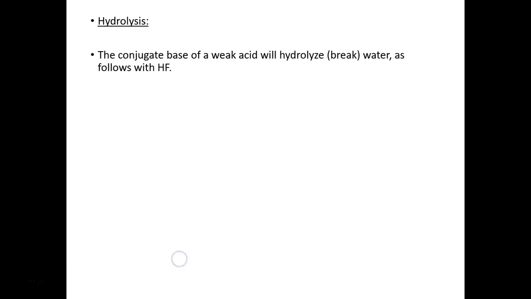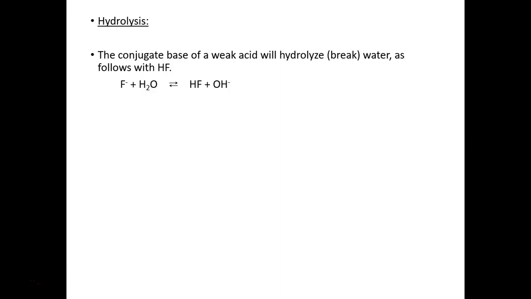Right? So this comes into play when we talk about hydrolysis. Because the conjugate base of a weak acid is a strong base, it will hydrolyze, or break apart, water, as we can see with HF. So HF is a weak acid. Now we know it's a weak acid because it's not one of the 3 strong acids that we have to know.